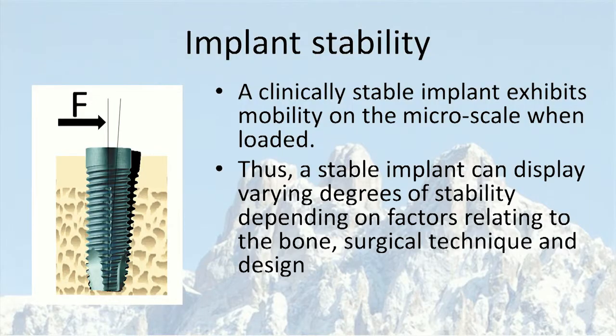And this is different in different bone densities, for instance. So it means that a clinically stable implant actually exhibits mobility on the microscale when we do this kind of loading. So it means that a stable implant can actually display varying degrees of microstability depending on factors relating to the bone, surgical technique, and also the design of the implant.